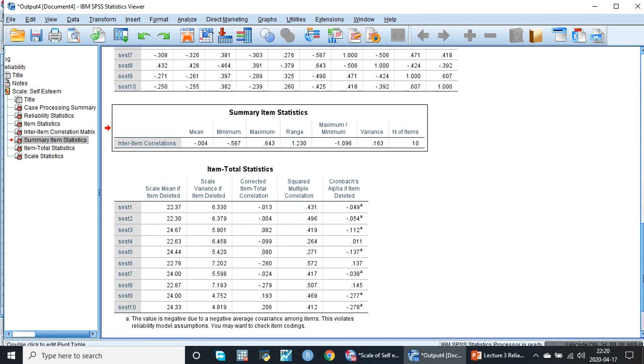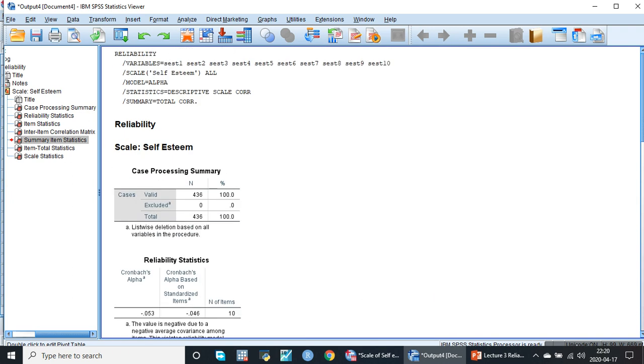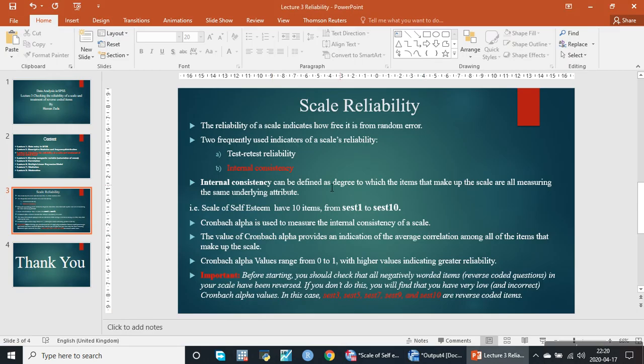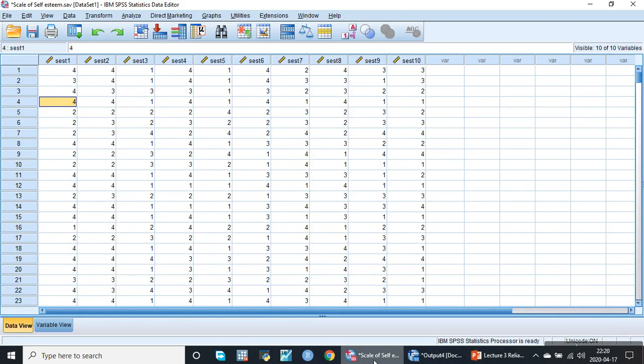So first of all, we will go back and correct the reverse coded questions. I called it in the slide the treatment of the reverse coded items. So first we will correct all the reverse coded questions. Question number 3, 5, 7, 9 and 10 are the reverse coded questions. So first of all we will make them correct.